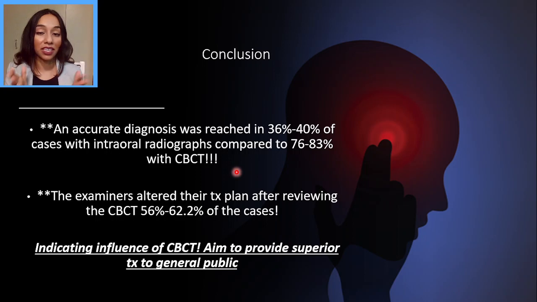A CBCT in this particular study helped practitioners reach a more accurate diagnosis, which I think is huge. And in that same study, they found that examiners altered their treatment plan after reviewing the CBCT in 56 to 62% of the cases. So after reviewing that CBCT, they actually altered their plan, which I think is incredible.